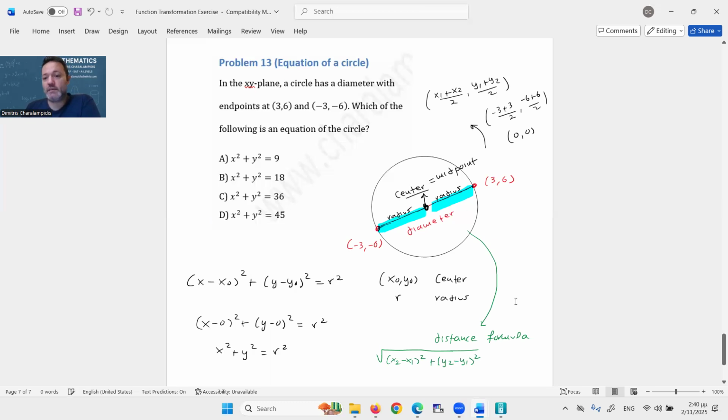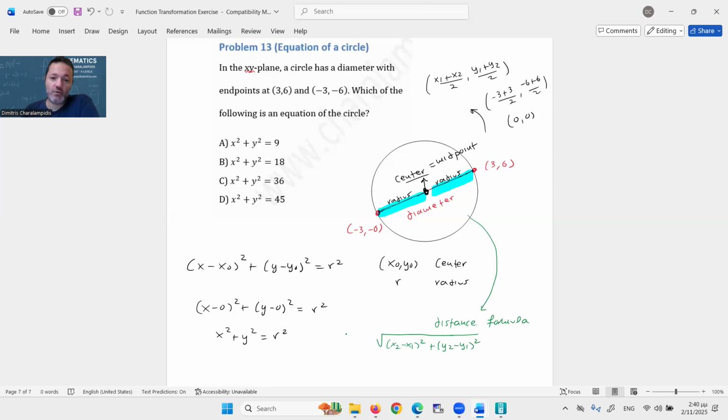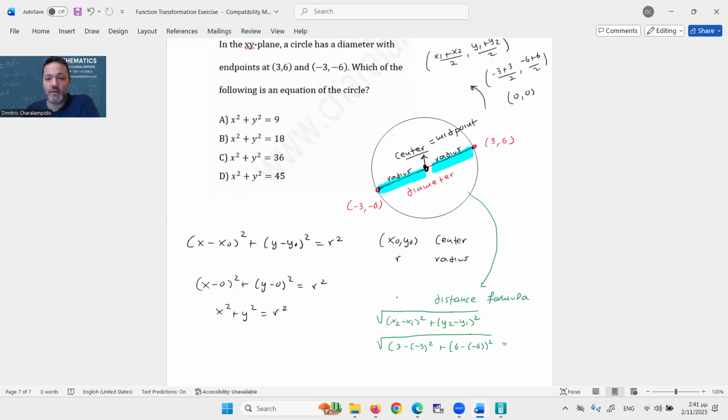And in my case, that would have been the square root of (3 minus -3) squared plus (6 minus -6) squared, which is the root of 3 plus 3, it's 6 squared plus 12 squared.